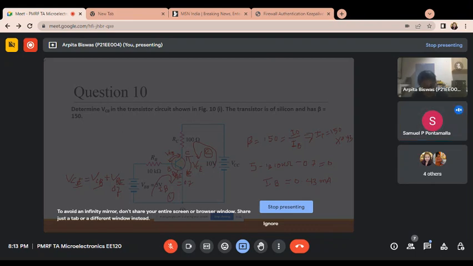Then what is the value of this? 64.5. Yes, 64.5 milliamps.